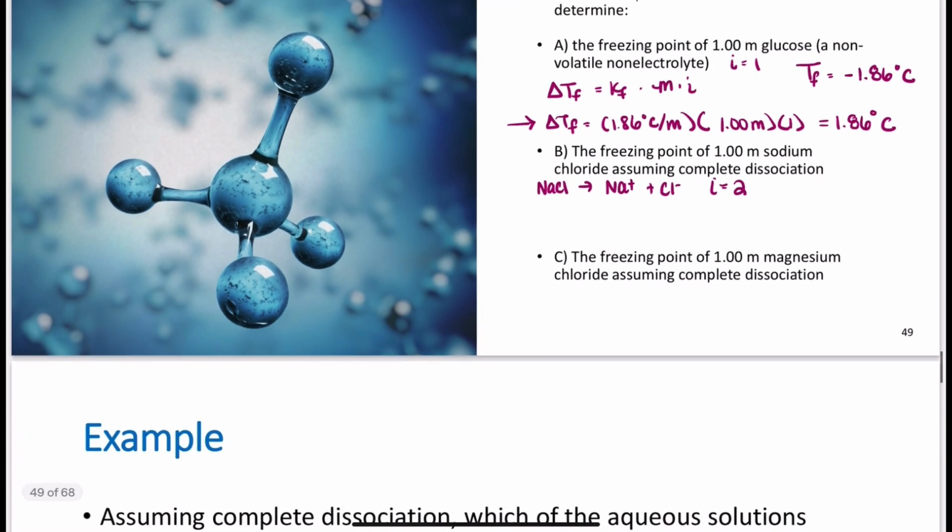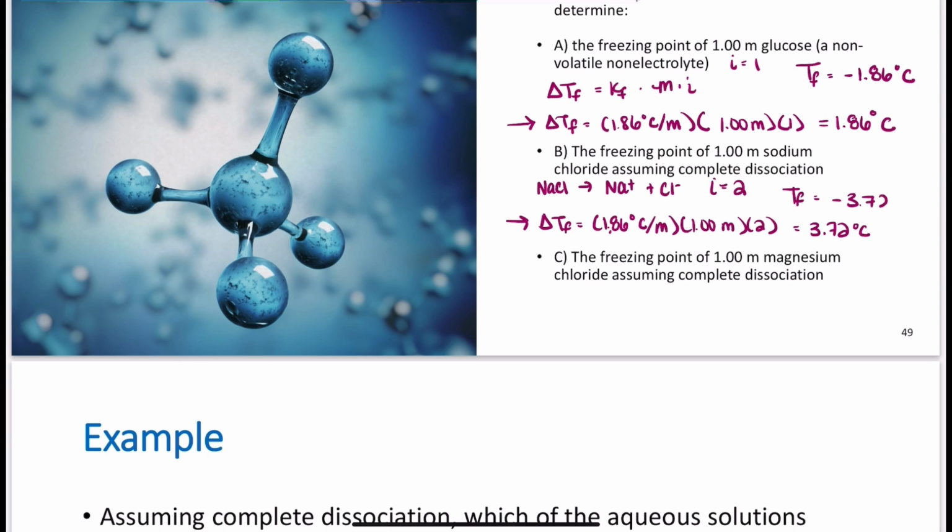My delta Tf, 1.86 degrees C per mol times 1 mol times the value of 2 gives me 3.72 degrees C. But again, that is only the change in freezing point. My actual freezing point is the freezing point of water minus this value. So Tf is equal to negative 3.72 degrees C.